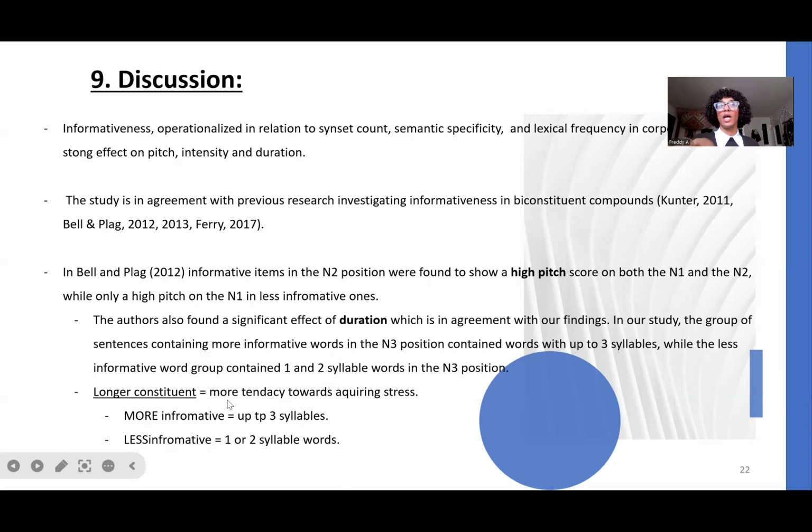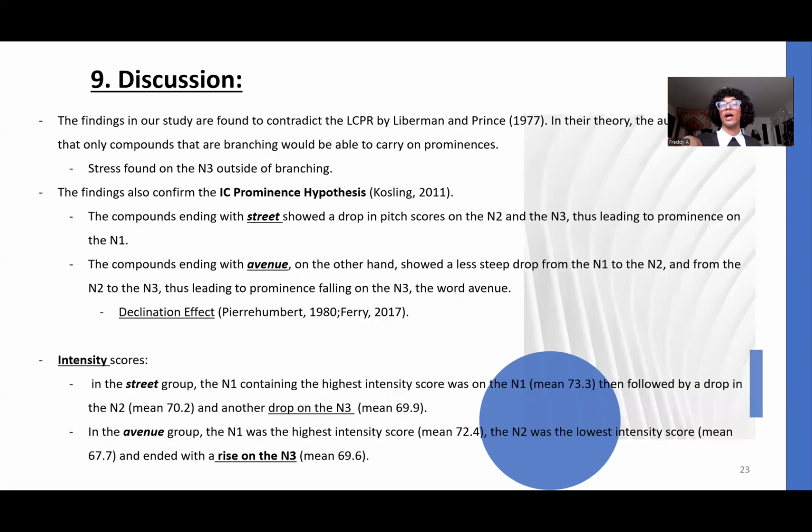Now, in my study, I had a little issue with duration because the words I used did not carry the same length or the same number of syllables. So even though I had a significant effect of duration on the N3, I would not take that to be a factor that is generalizable at this point until the number of syllables is controlled.